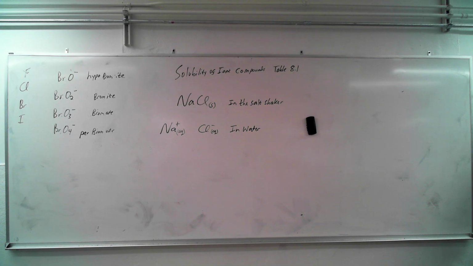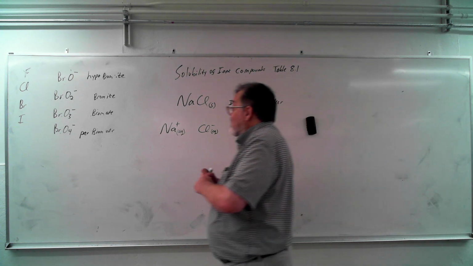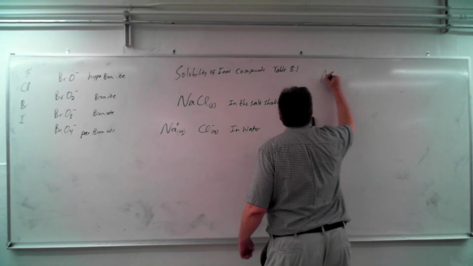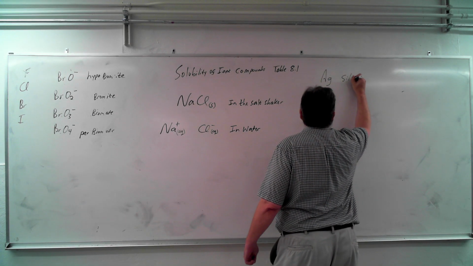Okay, and you see Cl, Br, and I. Those are the halides. And there are exceptions. What this is saying is, if you have, let's see, we'll do silver and lead. Ag is silver.